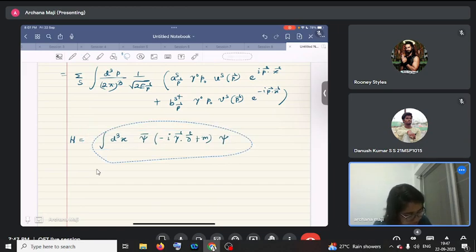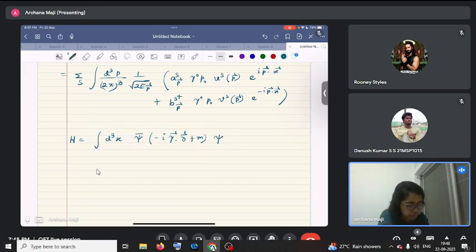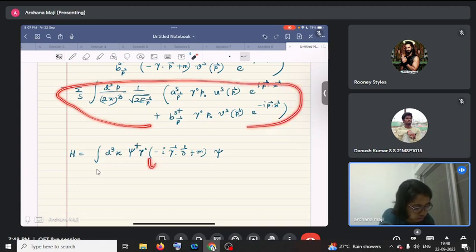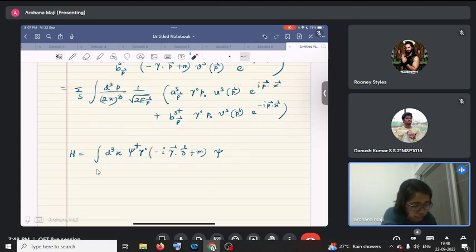So let's left multiply by psi bar. So first of all, psi bar is psi dagger gamma 0, so it's psi dagger gamma 0, and you can see in this expression we have gamma 0 here. So this gamma 0, when multiplied, becomes 1.